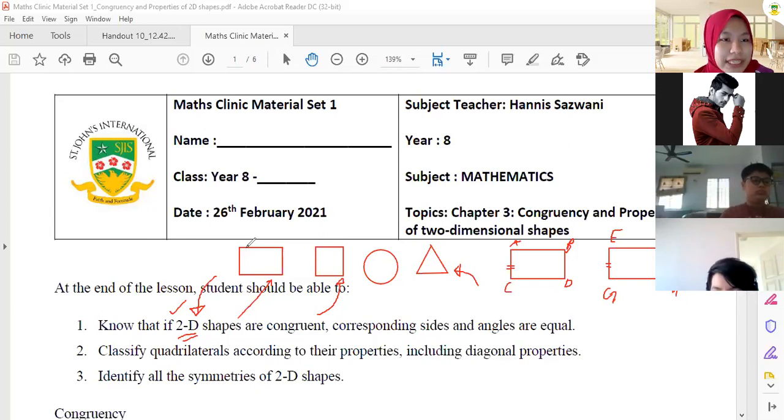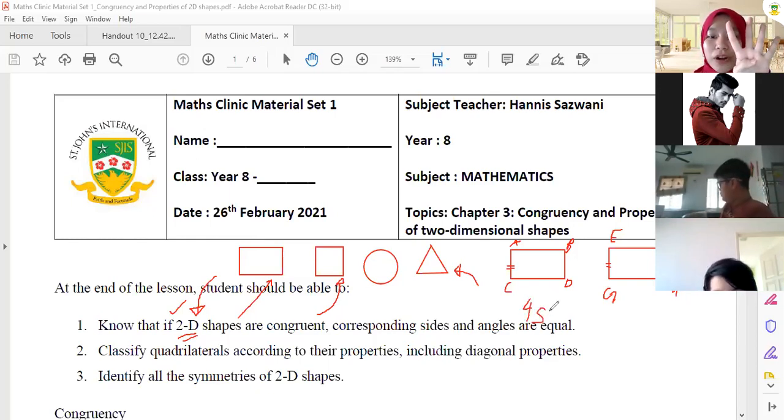Okay, I've got a question. Can you say what quadrilaterals are and their properties? Take note. I will define first before we go into detail. Your friend is asking, what is quadrilateral? A quadrilateral is a four-sided shape.